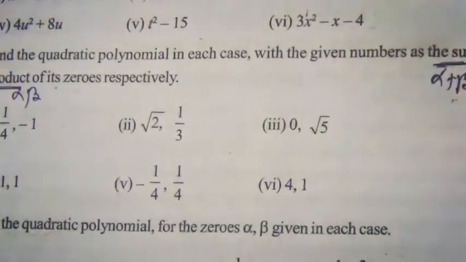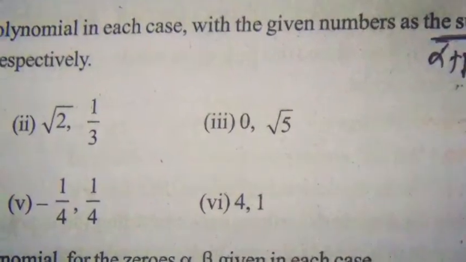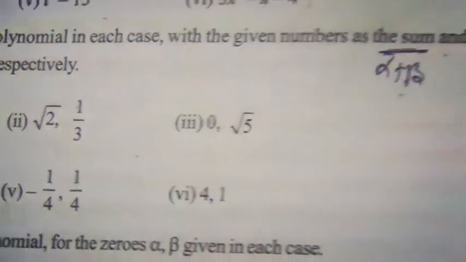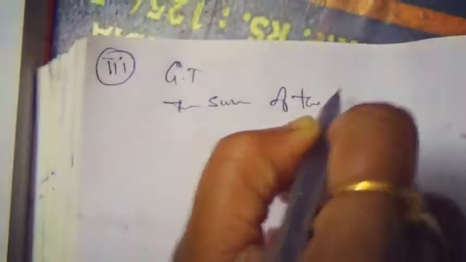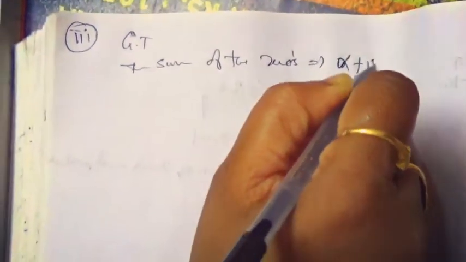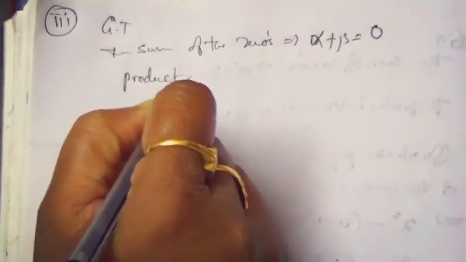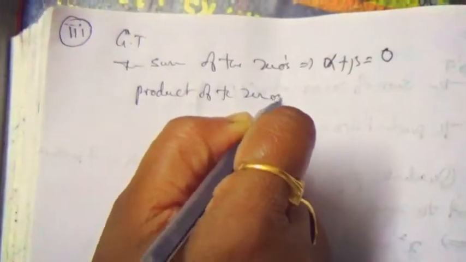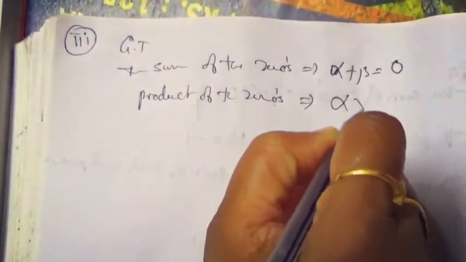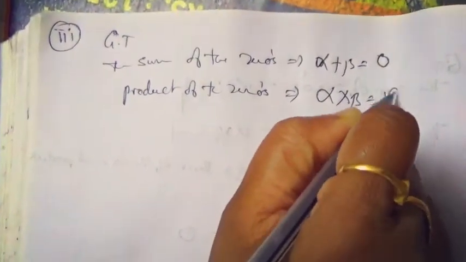Given that the sum of the zeros, alpha plus beta is equal to 0. Product of the zeros, alpha into beta is equal to root 5.